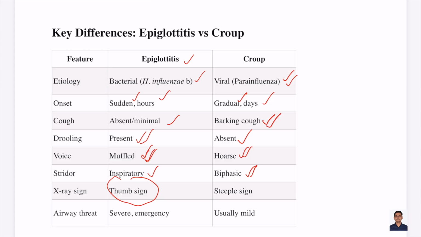However, in croup there is the steeple sign, like the steeple of a church. We can see the air inside the trachea, and the patient of epiglottitis appears toxic, and the patient of croup appears non-toxic.